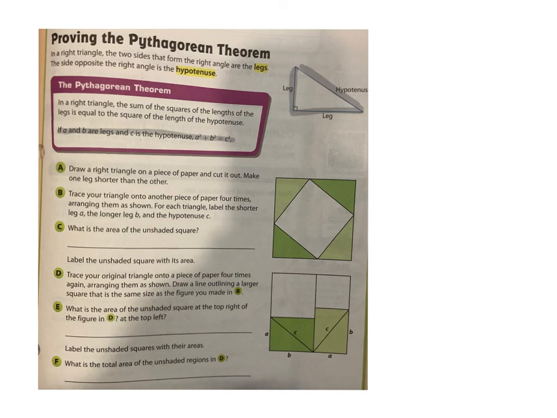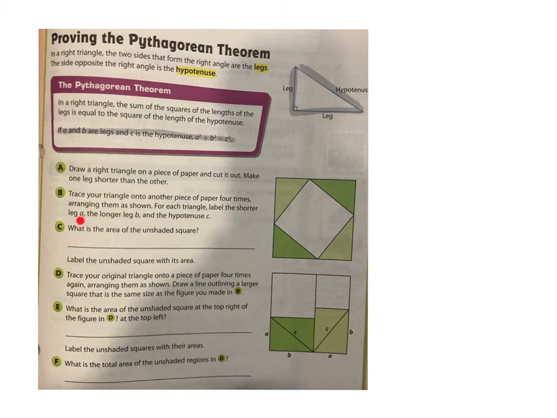So here's what they've done with this. If you actually cut these triangles out, it may help. So they draw a right triangle on a piece of paper and cut it out and make one leg shorter than the other. So I have this right triangle with long leg, short leg, right angle. And let's go ahead and label them. They say trace your triangle onto another piece of paper 4 times so that you have all 4 of them.